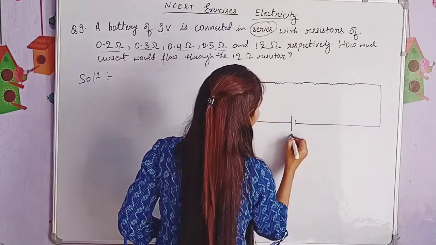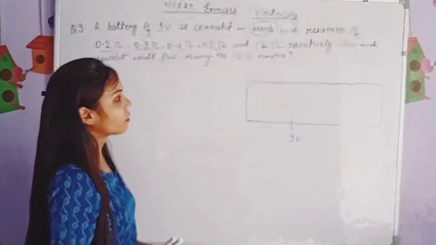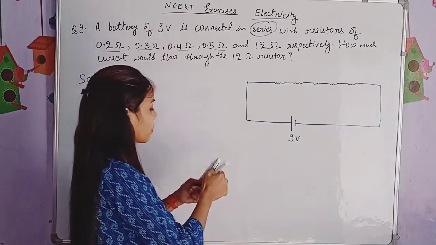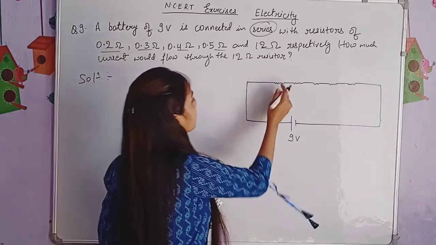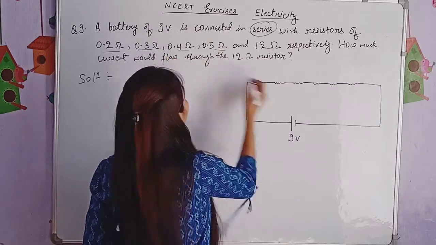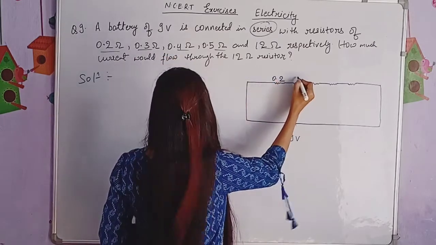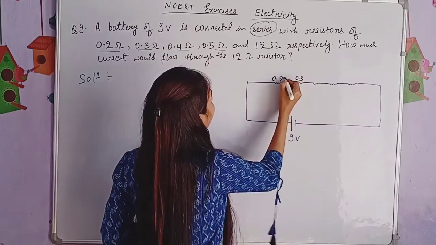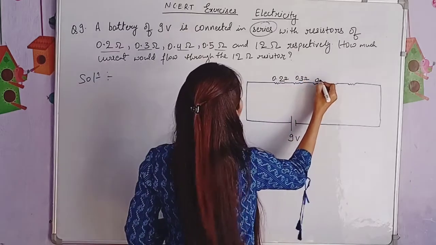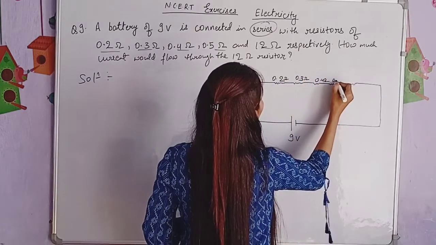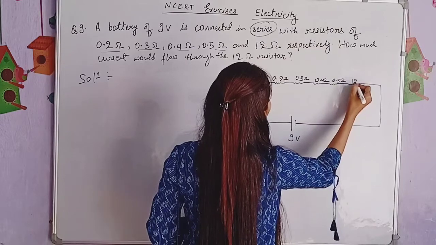Okay, so this is my 9 volt battery, and we will write over here, this is R1, R1 is 0.2, R2 is 0.3 ohm, 0.4 ohm, 0.5 ohm and 12 ohm.